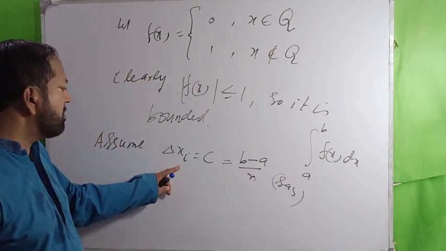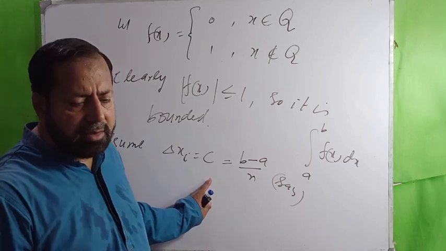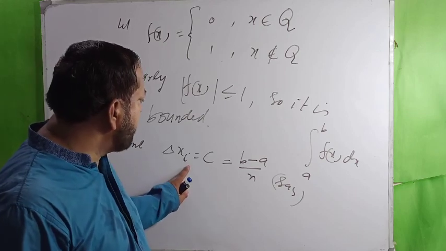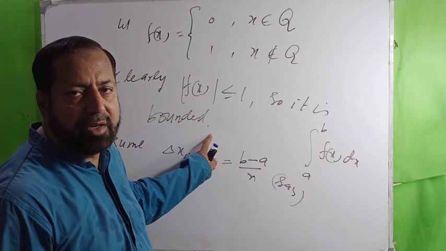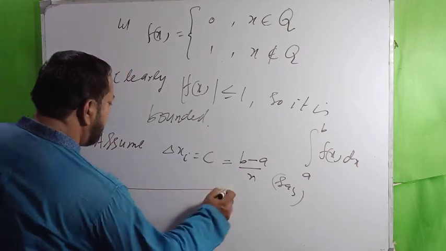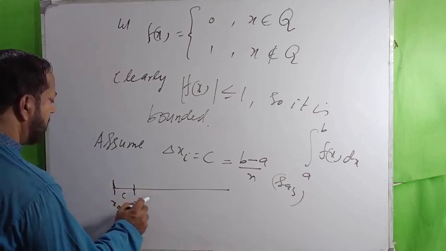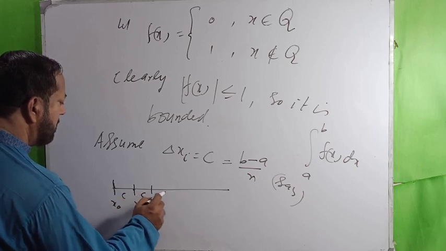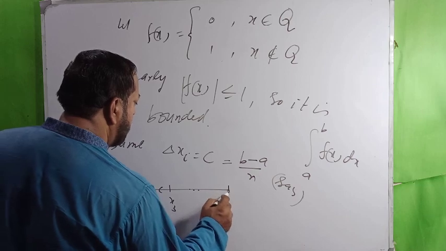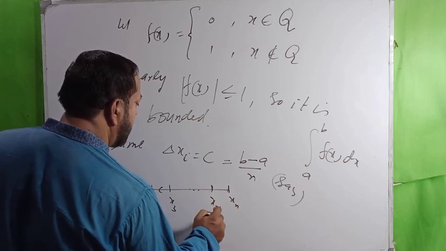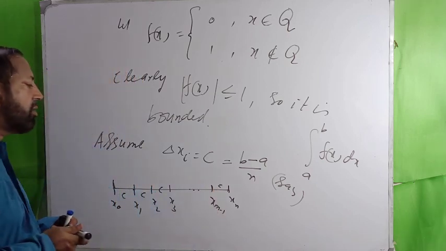And suppose you are taking points from x0 to x1 with a constant distance. Say this is c, which means that in the partition you are taking, x0 to x1 is c, then x2, this is c, then x3, this is c, and so on, up to xn, and this interval from x(n minus 1) to xn is also c, right?